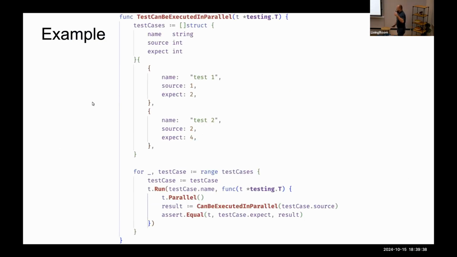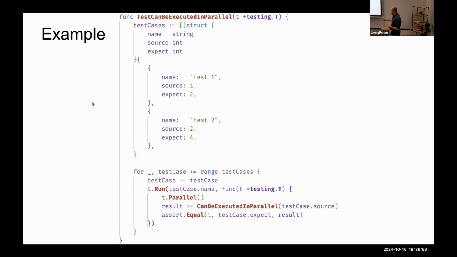All right, so maybe first example, how this looks in practice. Like I mentioned, this is a slice of anonymous structures where you just name each case and then have some parameters for those cases. This is a simple example of something that can be tested.